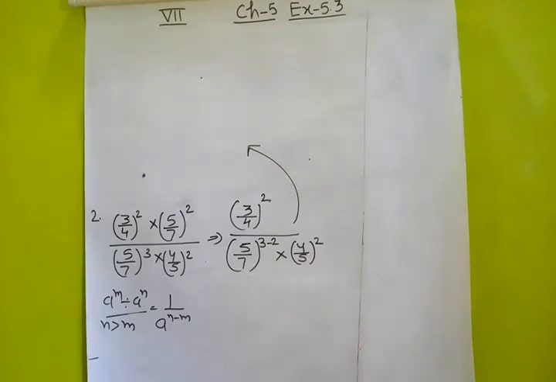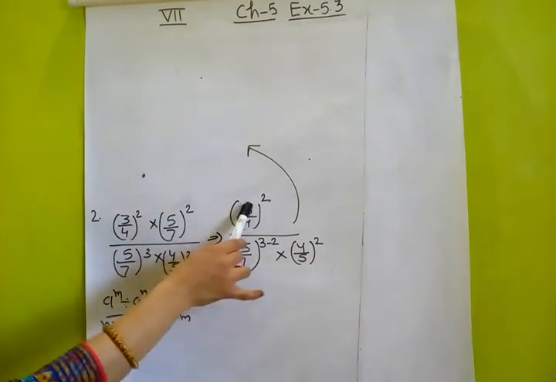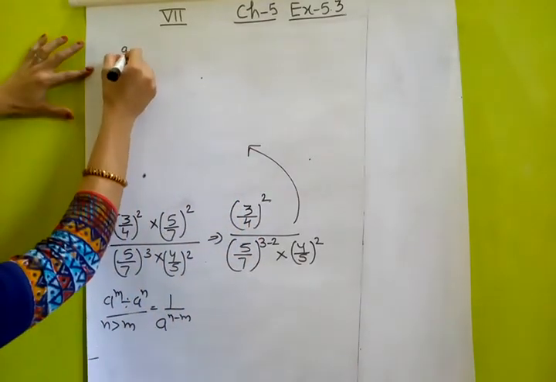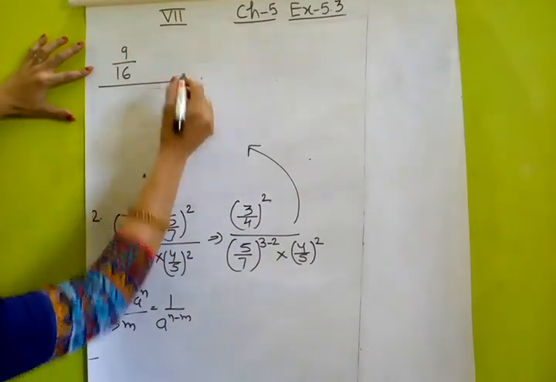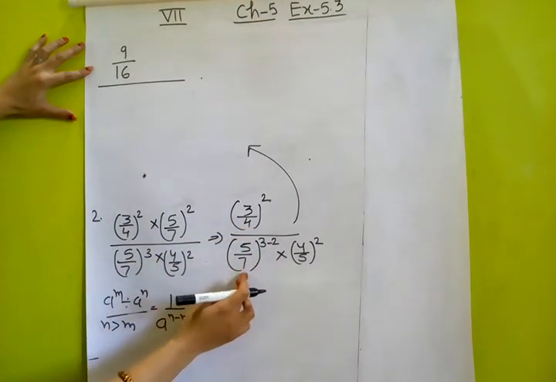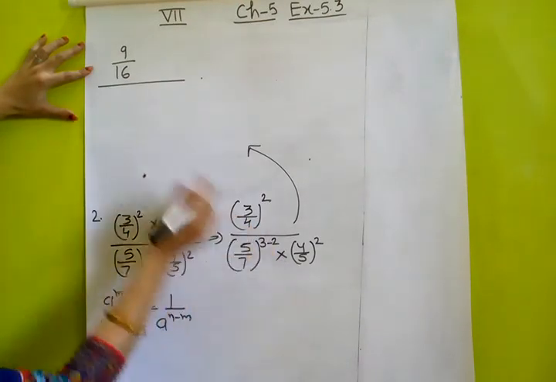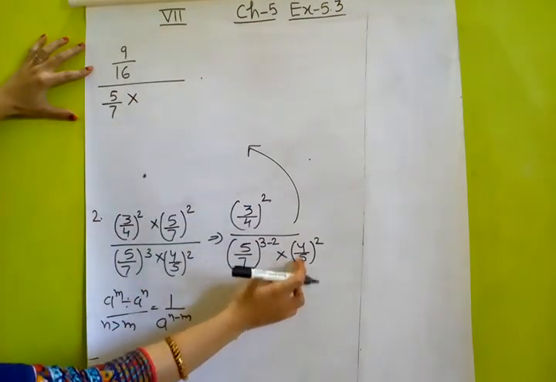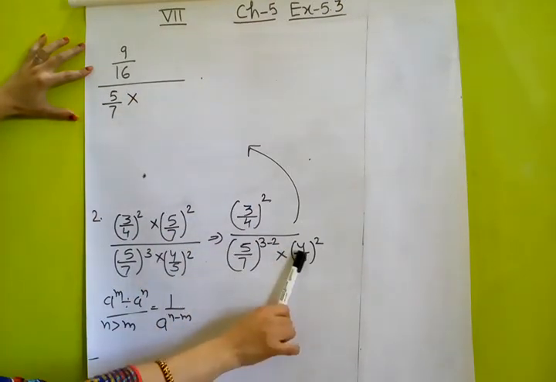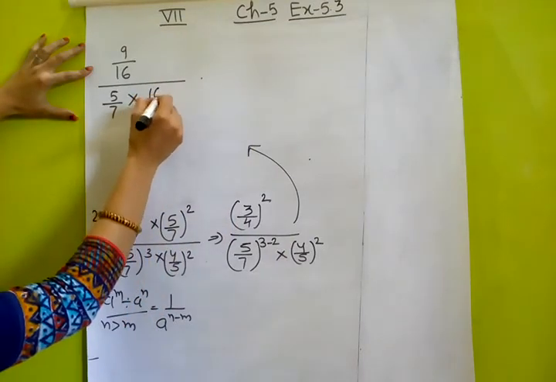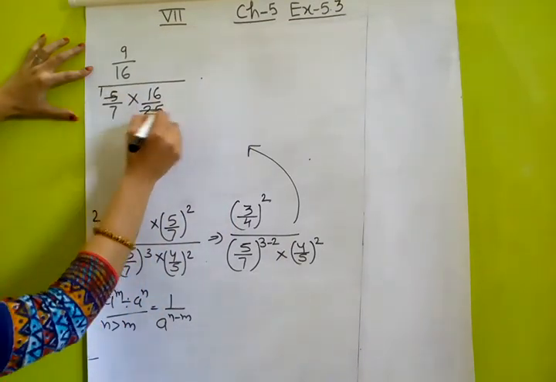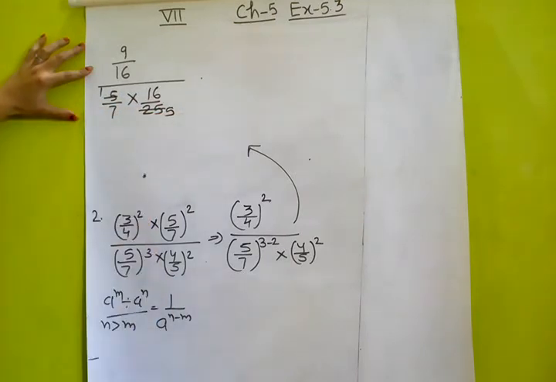Now students, I am doing calculation upside. 3 upon 4 square means 3 multiply 3, it will be 9; 4 multiply 4, it will be 16. 5 upon 7, 3 minus 2 means 1, so it will be 5 upon 7 only. Now multiply 4 upon 5. 4 fours are 16 and 5 fives are 25. Now students, 5 ones are 5, 7 fives are 35.